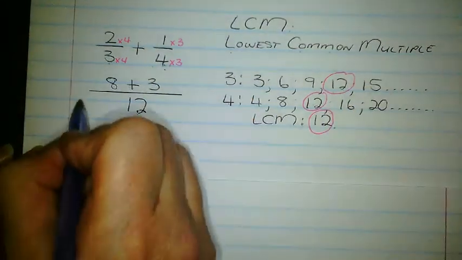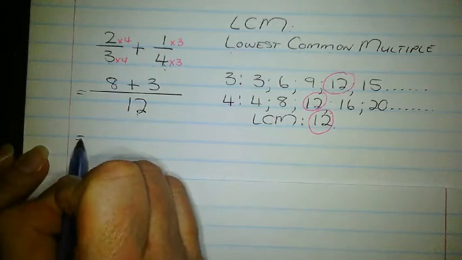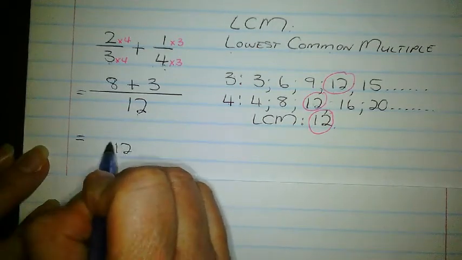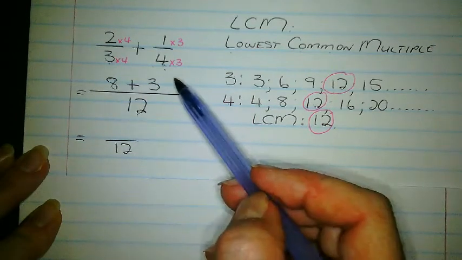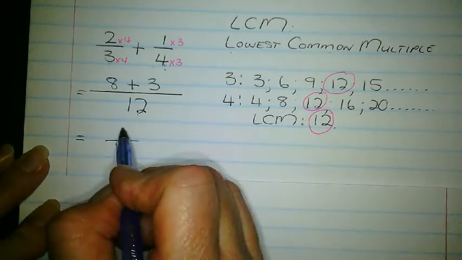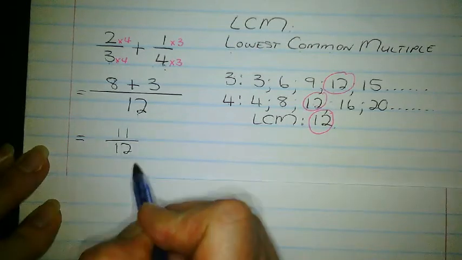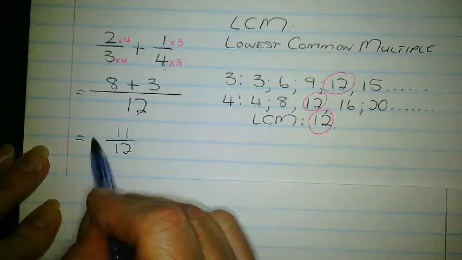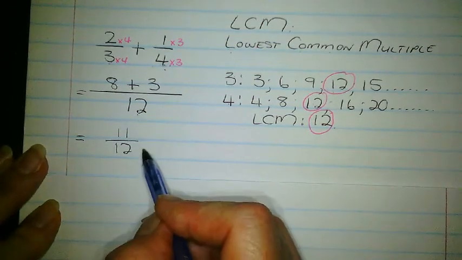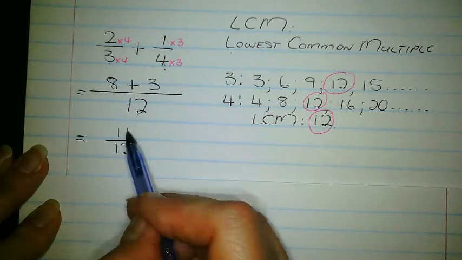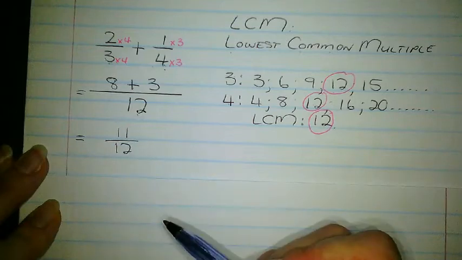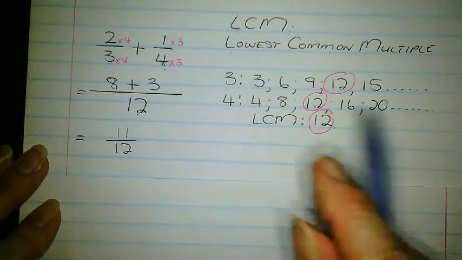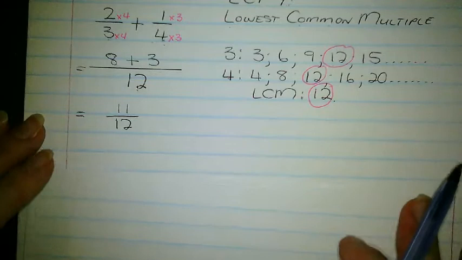So now just to do the calculation, my denominator stays the same, and I'm just going to do the adding of the numerators. 8 plus 3, that's going to be 11 over 12. There again I have to check if it's simplified. You can see that's a prime number and an even number, so I can't simplify these two. So that is my final answer.